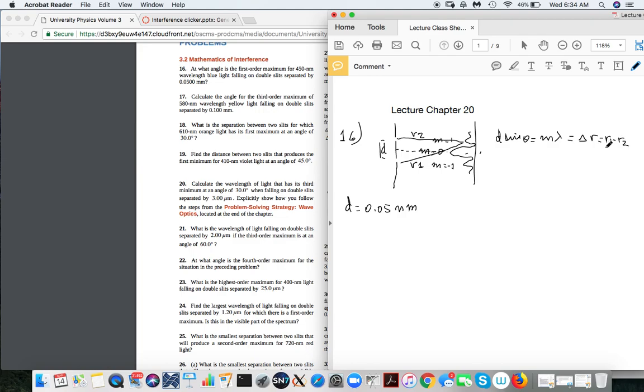The difference in pathways is equivalent to an integer number of wavelengths to ensure you have a bright region.